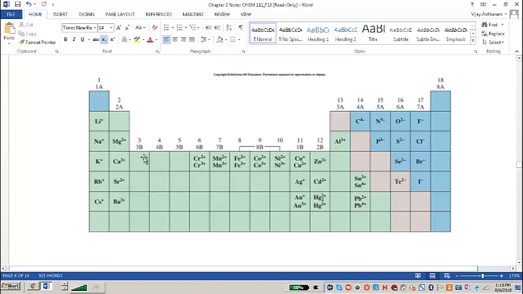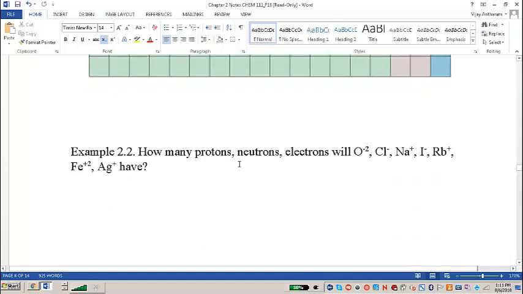So really the transition metals are 3B to 1B, and notice from group 3B to 1B, the transition metals have differing charges, plus 2 or plus 3, plus 2 to plus 1, iron plus 2, iron plus 3, and these charges are designated by Roman numerals. So when we name these compounds with these transition metals, we're going to use Roman numerals.